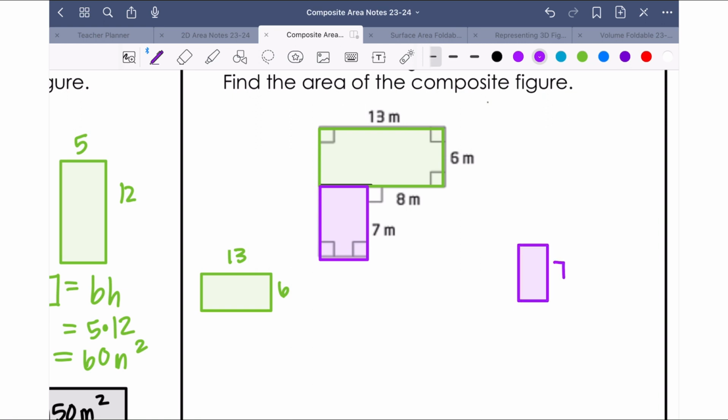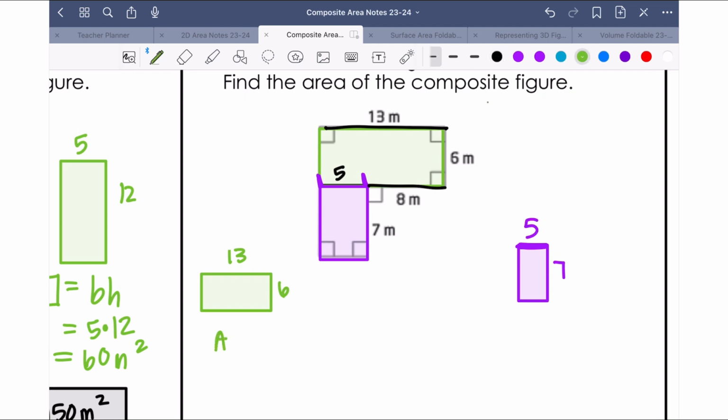This is 7, but I need to figure out what this length is right here. So from here to here, I know the total is 13. And this is 8. So 13 minus 8 is 5. So this is 5. All right, and then we're ready to go.